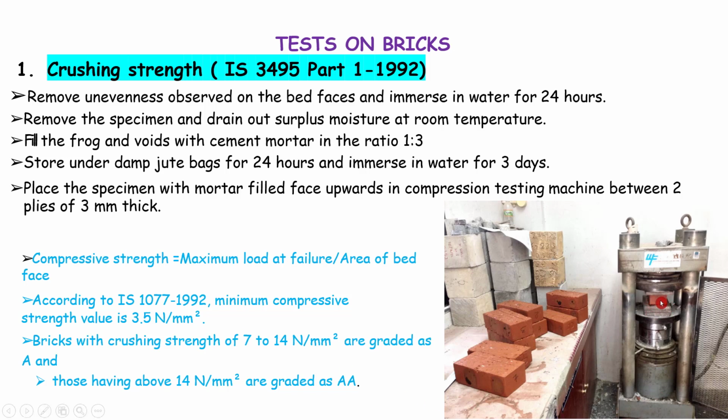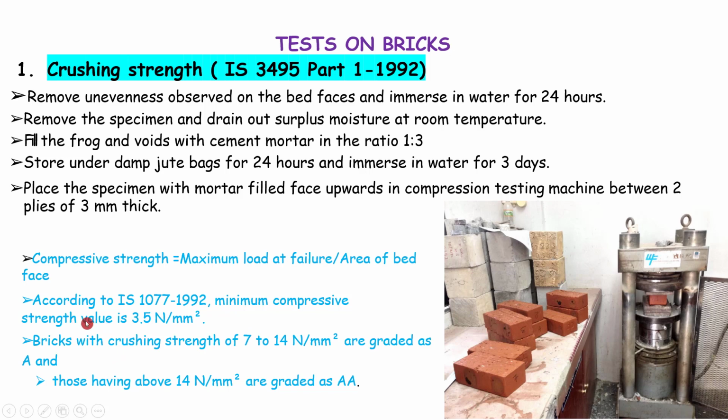Suppose there won't be any water absorption chances, or the water is not absorbed by the brick, for example when we are plastering with mortar on the side. There is no chance of water absorption by the bricks. So when we are interested only in the compressive strength of the brick, you can classify it based on the compressive strength.